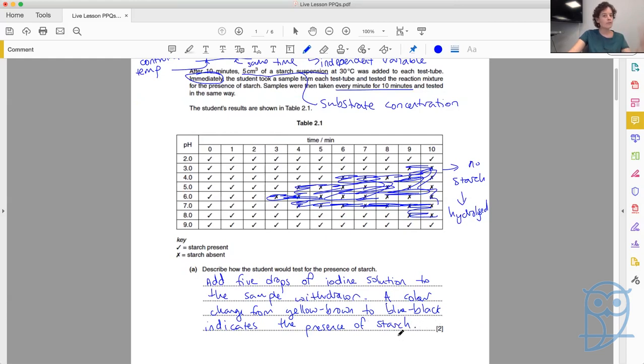Okay, so we have fully described our test. We've certainly got 2 decent marks, if not more, in there.